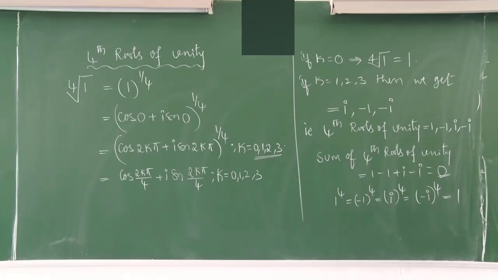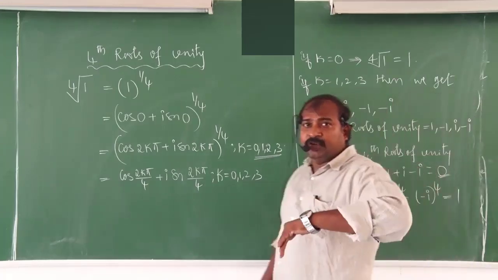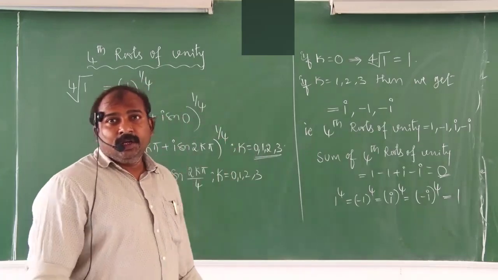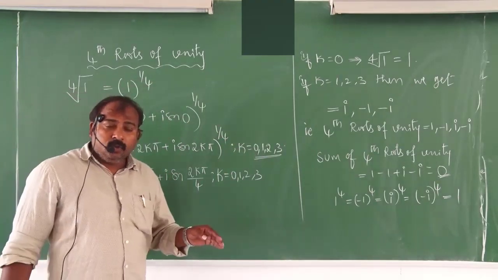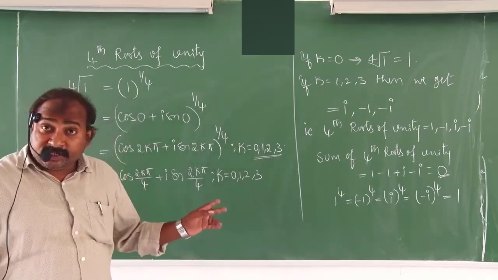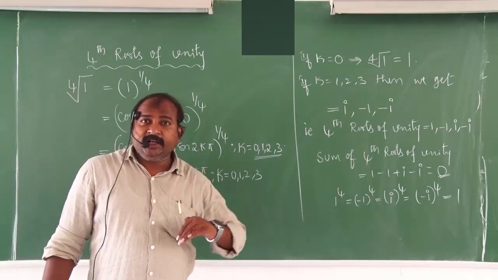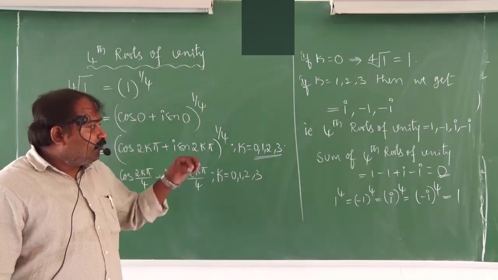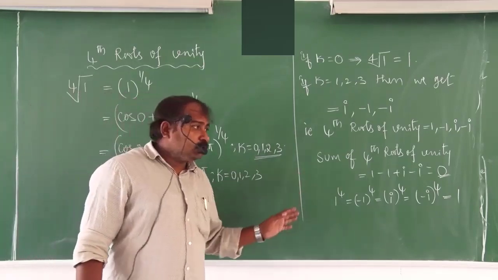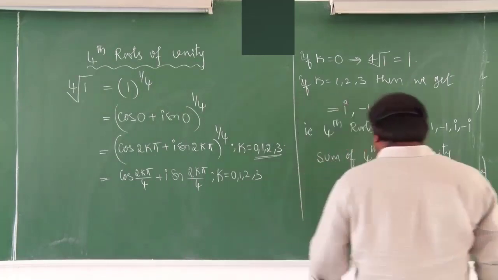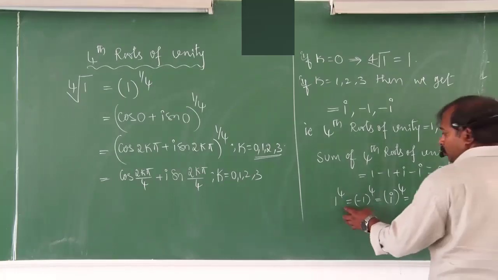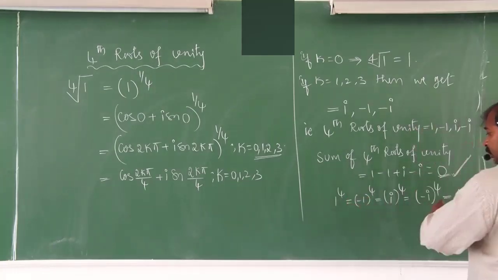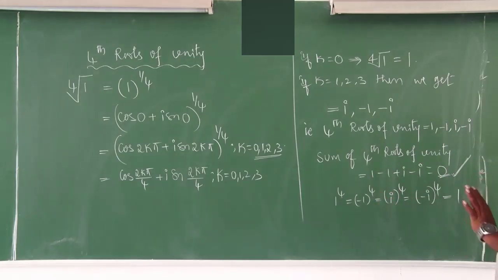These are like the cube roots of unity. What are the cube roots of unity? 1, omega, omega square. Then 1 cube equals 1, omega cube equals 1, omega square whole cube also equals 1. Similarly, for the fourth roots of unity, the sum is equal to 0. This is one point. After that, if you take each value to the power 4, you will get the value 1.